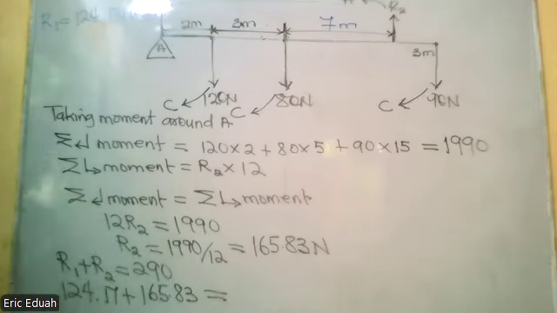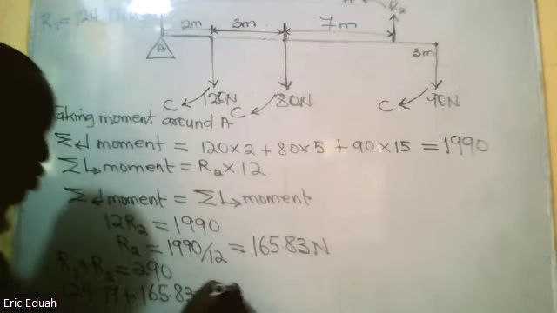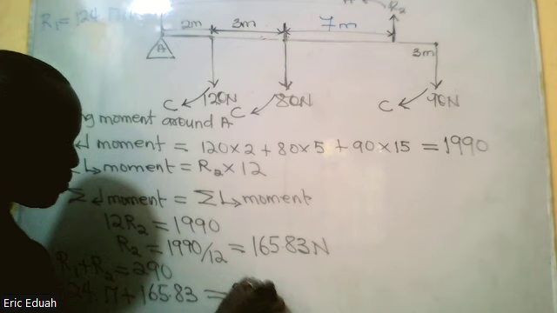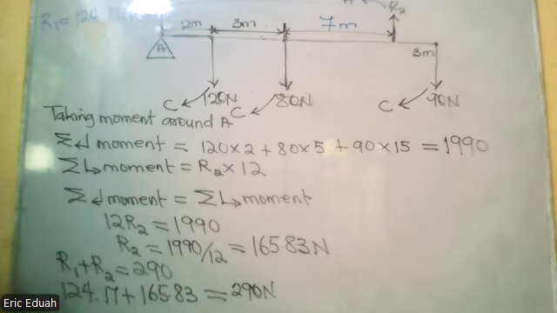What is the result? Approximately equal to 290. Then you can be confident that your answers are correct.